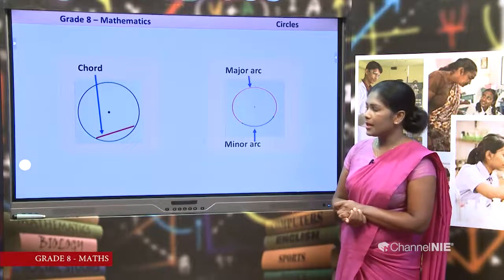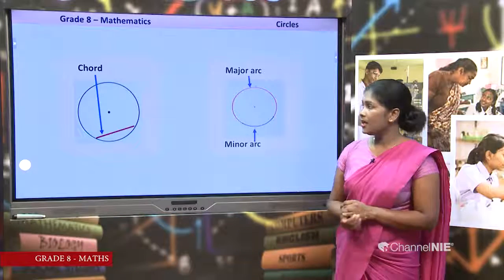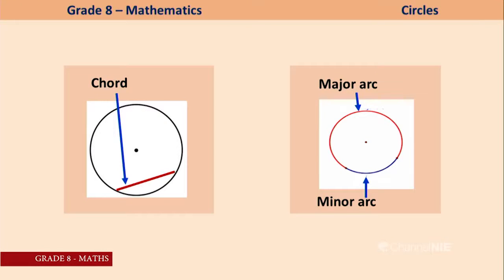Chord means the line segment joining 2 points on the circle. Here we learned arc. There are 2 arcs, major arc and minor arc. Major arc means you can see in red color the largest one. In blue color, you can see the minor arc, the smallest one.